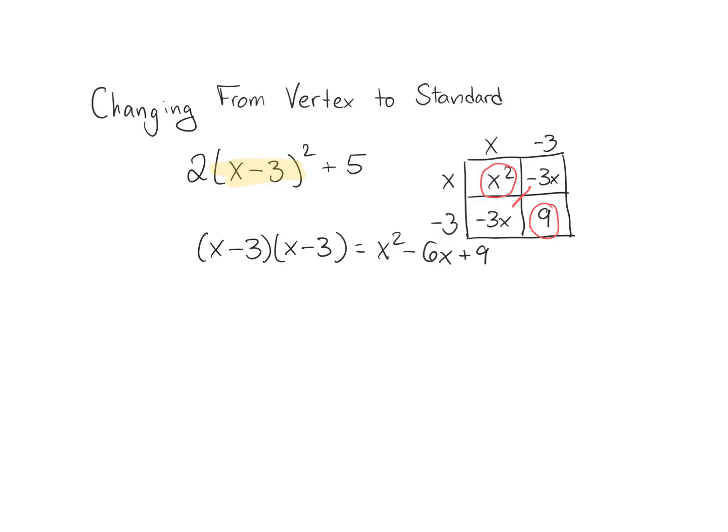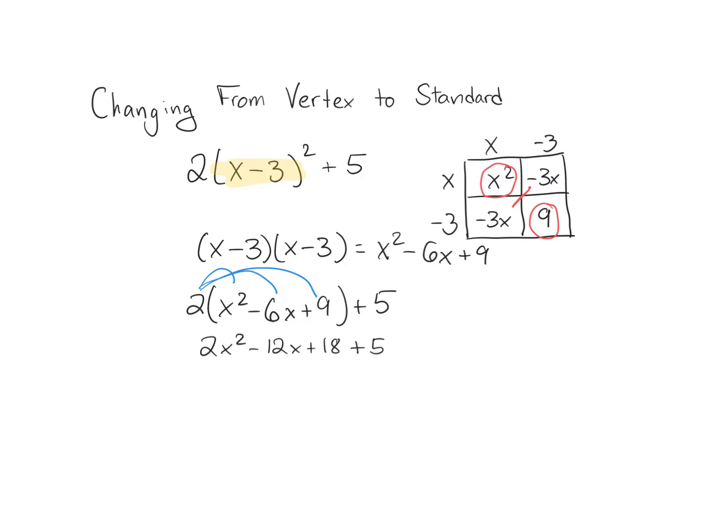So we've simplified that part, but we still have to deal with the rest of it. So now I am left with this. Instead of our x minus 3 squared, I now have in the parentheses x squared minus 6x plus 9, and that plus 5 is still hanging out. So I'll distribute the 2 to each of these terms. I'll end up with 2x squared minus 12x plus 18 plus 5.